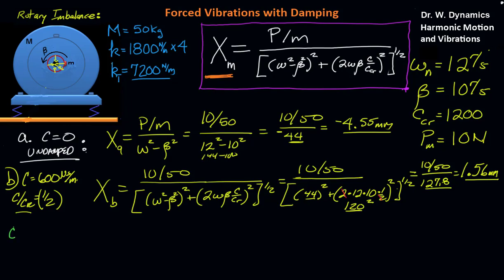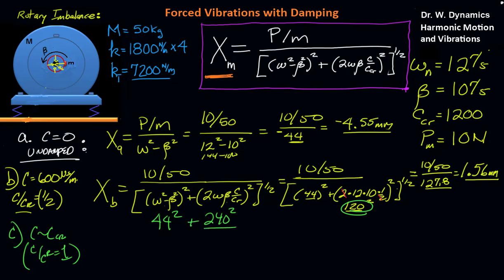Now we could also look at extreme damping, case C, where C is almost C critical, so we get a C on C critical of 1, just to see what happens here. In that case, this would still be 44 squared. And here, rather than 120 like we had here, it would be 240 squared.